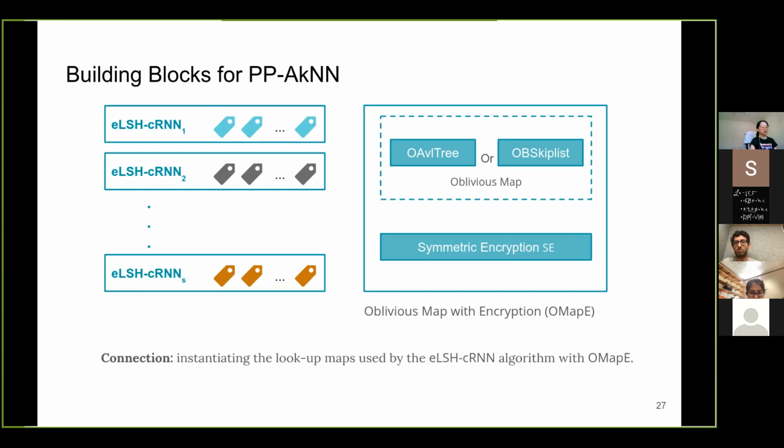So we propose the oblivious map with encryption, which addresses both adaptive obliviousness and privacy of the primitive. The idea is quite straightforward: we instantiate the lookup maps used in the unsecured version of AKNN for ELSH CRNN with the secured version, OMAP with encryption, and then we can solve the secured version of AKNN.